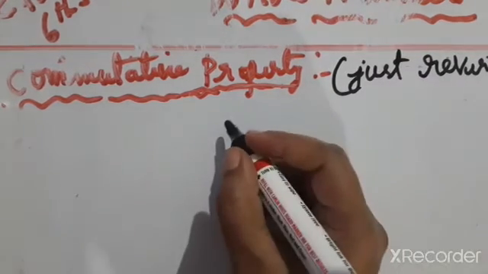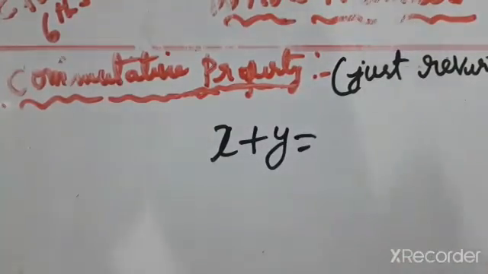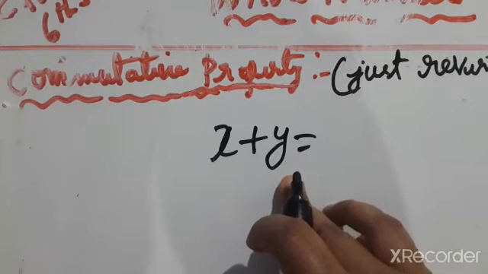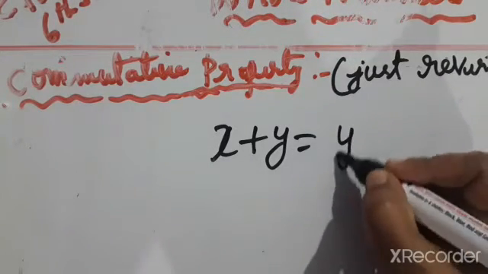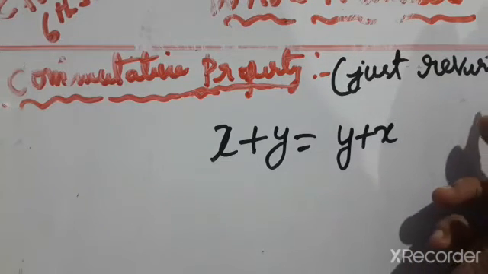For example, if x and y are two whole numbers, then x plus y equals y plus x. This is the commutative property.